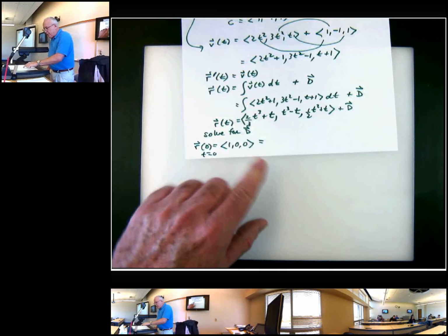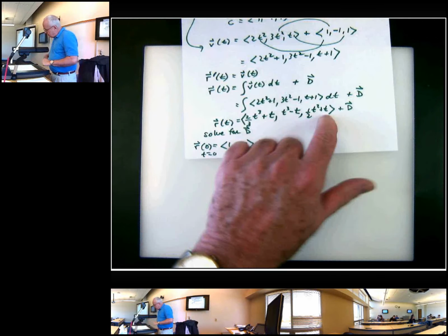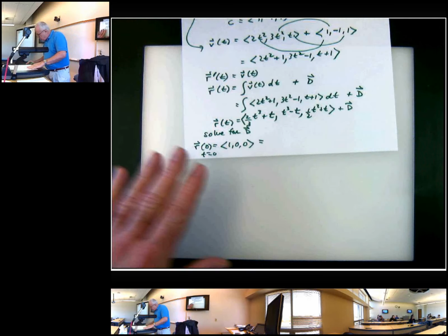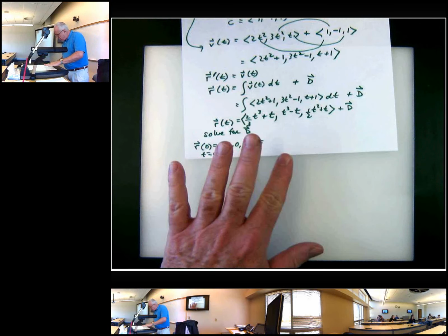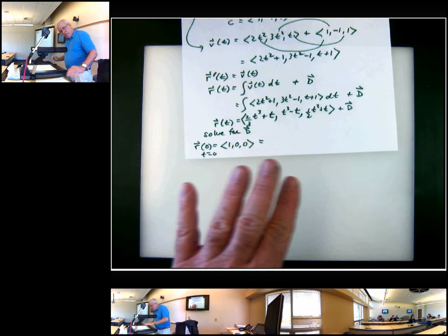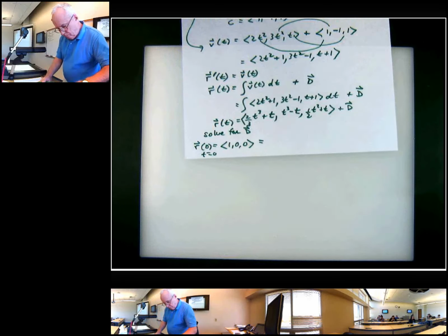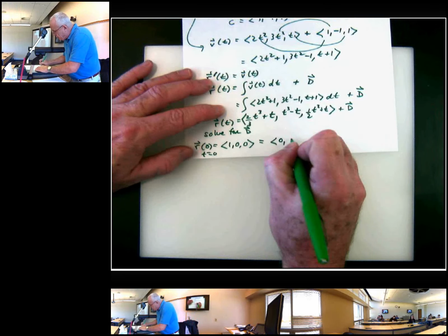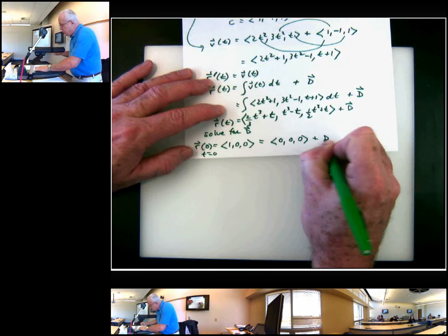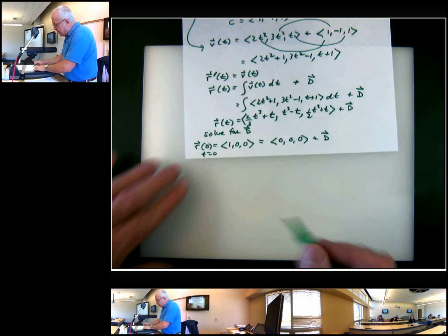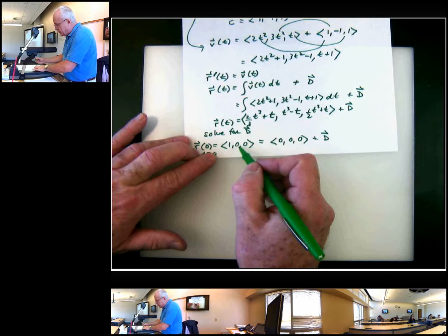So here I get 0, 0, and 0 right there. Is that right? 1, 0, 0. Right. Okay, so that again is going to be 0 and 0 and 0 plus my unknown constant vector d, and so we can see from this that our d vector has to be 1, 0, 0.